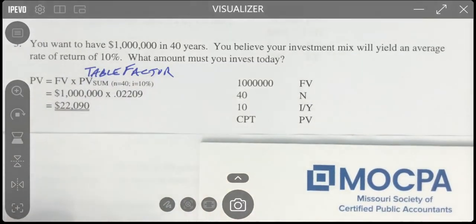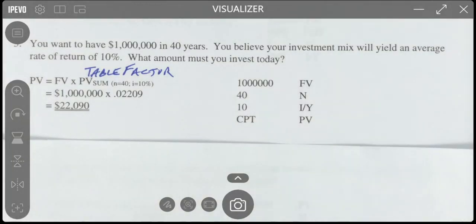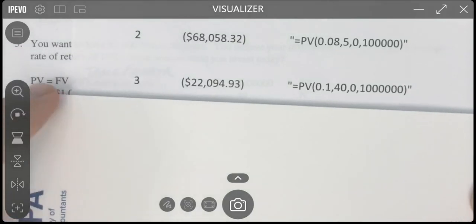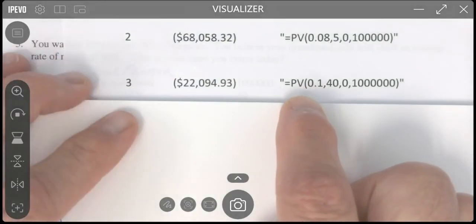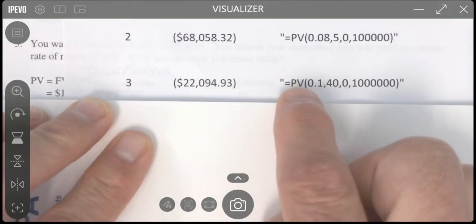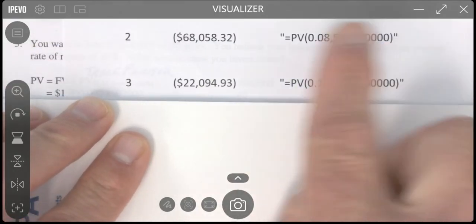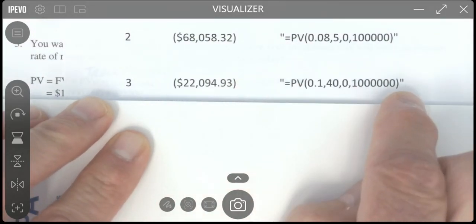Let's see what this looks like on Excel. All right, this is the equals present value function again. I typed in, of course, these quotes, they're just there so that it would print the verbiage for me. Those quotes aren't in the cell.